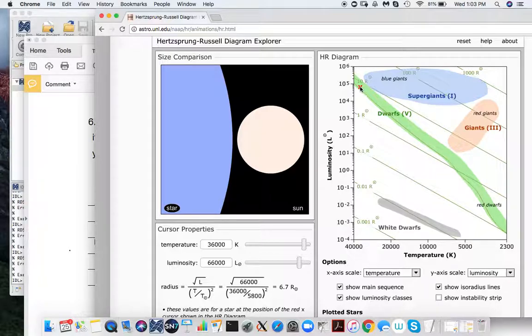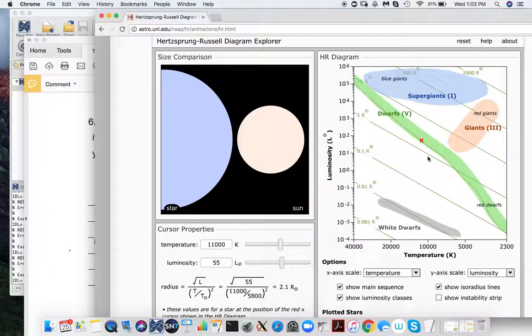So the star in the main sequence changes its size or its luminosity only slightly, but not significantly, because there is a steady production of energy in its central core, and that steady production of energy keeps everything stable.